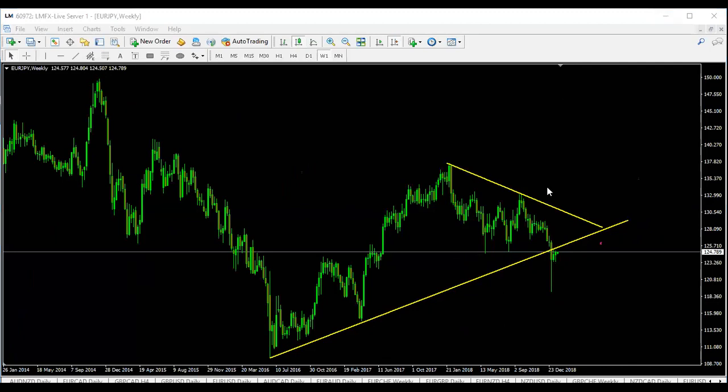Okay, so, guys, let me show you what I'm looking for. As you can see, if I draw a line right here, we have what they call a symmetrical triangle. You can see the triangle. When I'm looking for triangles, I'm looking for an upward and downward trend line that, when they meet at a point, create a triangle.